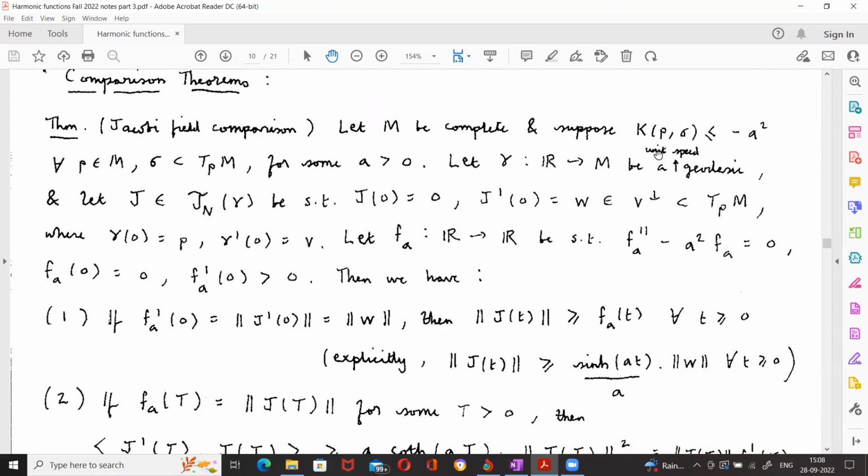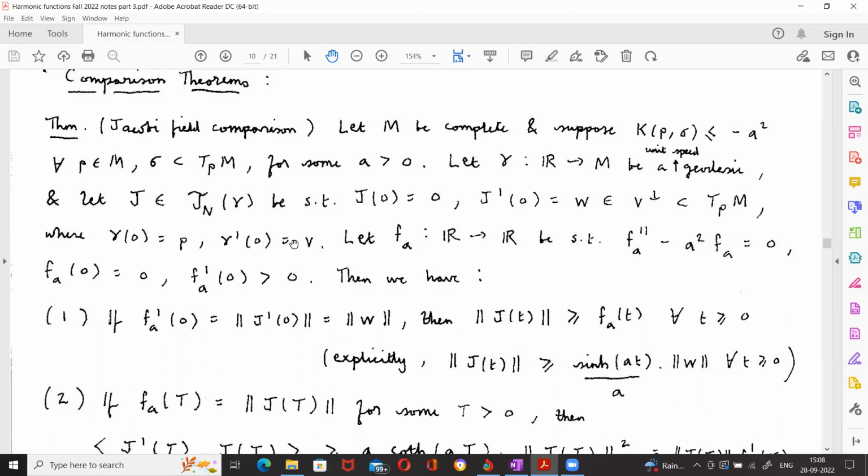Let gamma be a unit speed geodesic, and let J be a normal Jacobi field along gamma such that J(0) is 0 and J'(0) is some W, which is perpendicular to V, where the initial conditions of gamma are P and V.